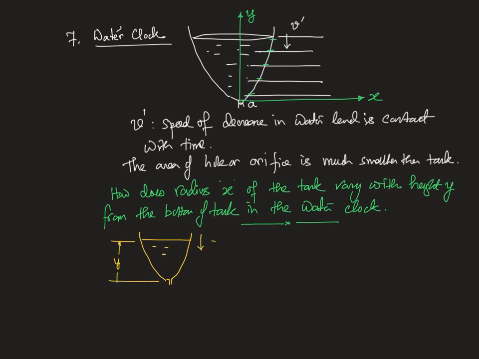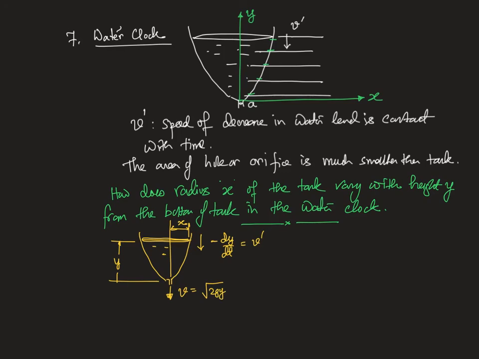So v dash is minus dy dt, and this radius is x, so the cross section is known, and this speed v is root over 2gy.